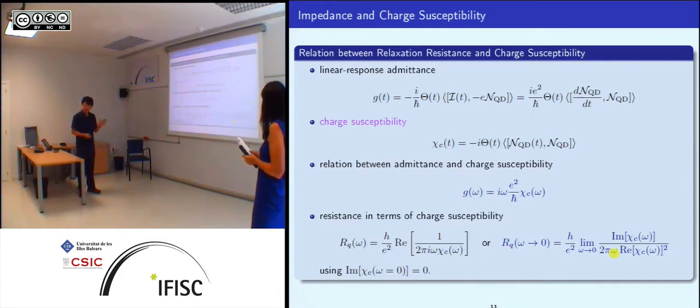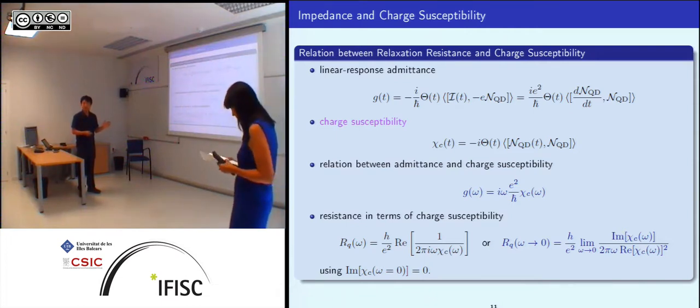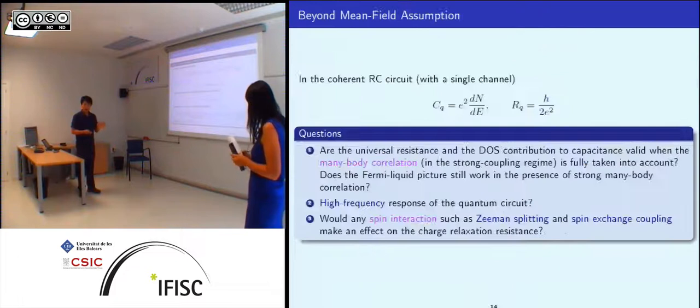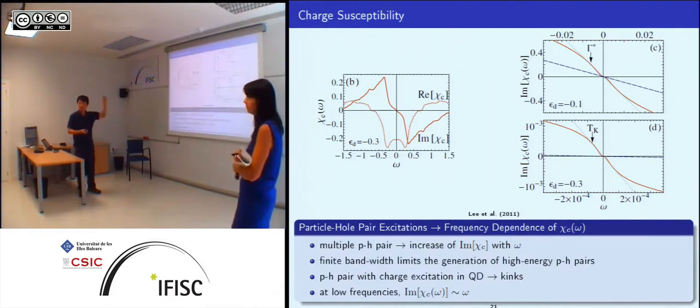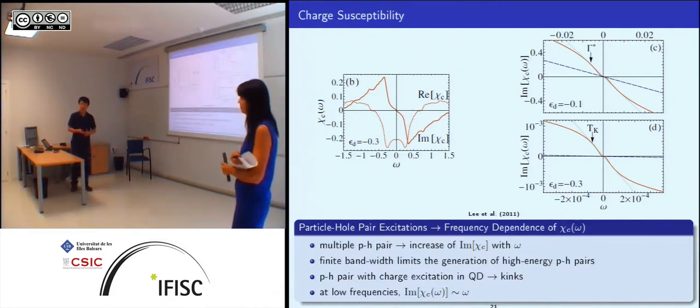So if we have a lower Kondo temperature, then omega is smaller, and then we have a larger resistance. So there is no upper bound. If you can have a smaller Kondo temperature, then we have much larger resistance.